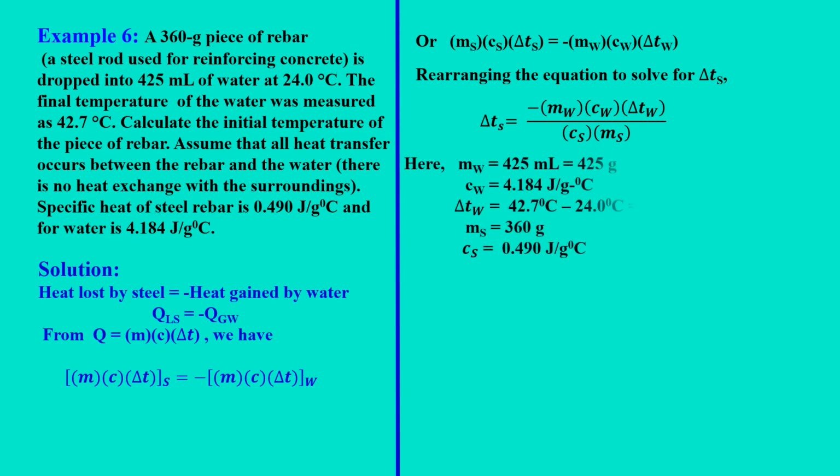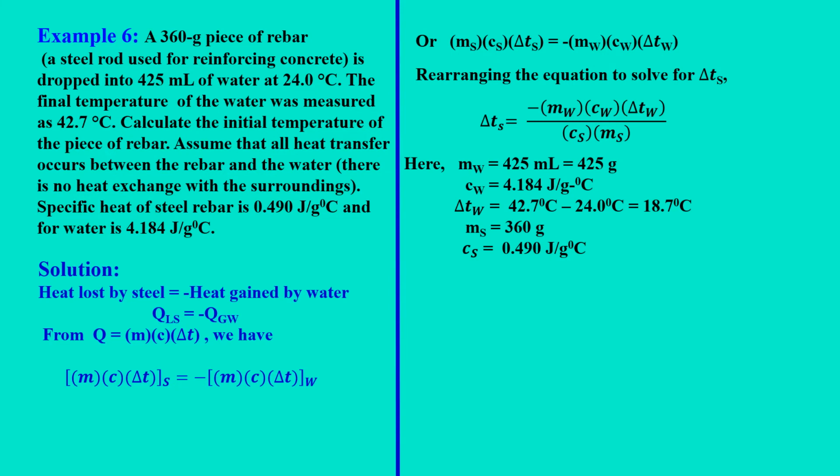Here, the given values are mass of water 425 grams, specific heat of water is 4.184 joules per gram per degree Celsius. The change in temperature of water is 42.7 minus 24.0 equals 18.7 degrees Celsius.